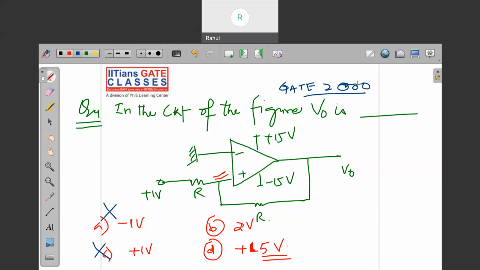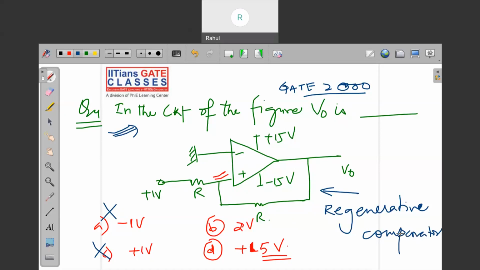The circuit shown here is a regenerative comparator, or Schmitt trigger, you can say. It is a comparator with positive feedback, also known as the Schmitt trigger, right?